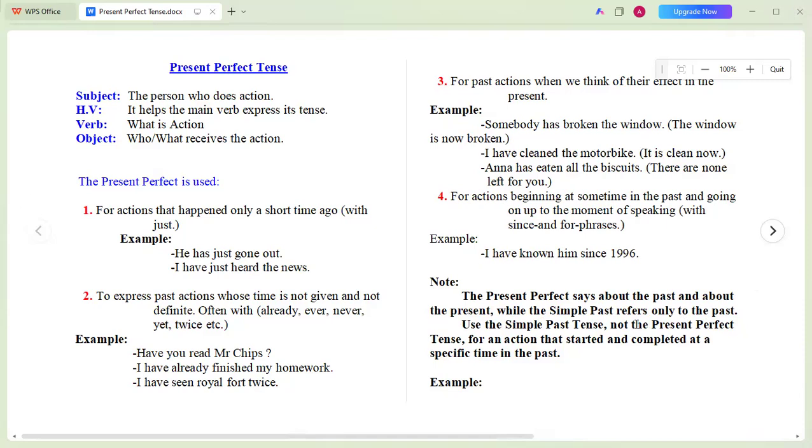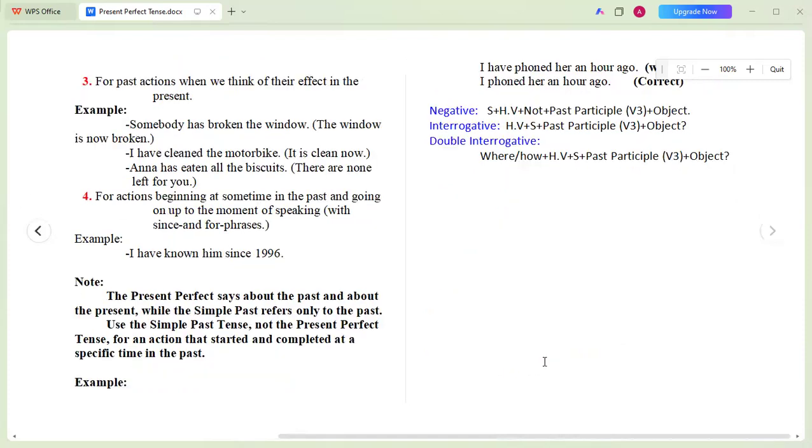Use a simple past tense, not the present perfect tense, for an action that started and completed at a specific time in the past. If an action started in the past and also finished in the past, you will use past indefinite.